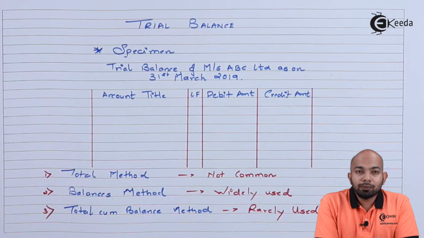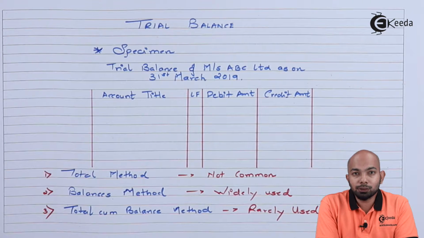So to start with, as we already know, a trial balance is prepared with a specific reason: to find out the arithmetical accuracy, to help locate errors, and to help prepare financial statements like the profit and loss account, ledger accounts, and balance sheet with error-free notifications, so that all these statements can be provided to the external and internal users and they can make decisions which are for the betterment of the company.